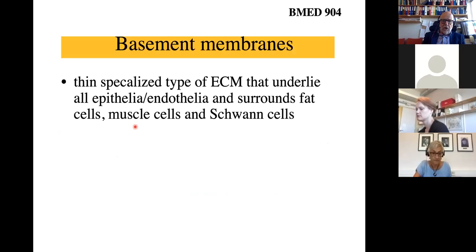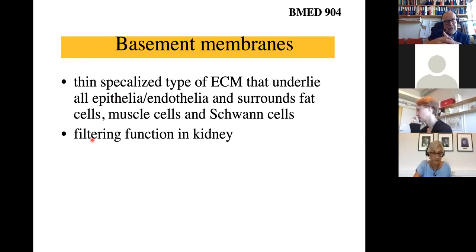A basement membrane is then the thin network which underlies all epithelia and endothelia. And like a stocking, it surrounds all muscle, skeletal, cardiac, and smooth muscle. And it also surrounds adipocytes and Schwann cells.